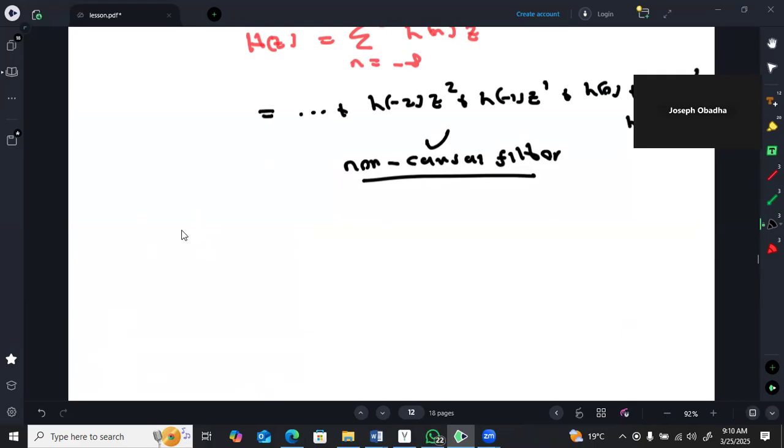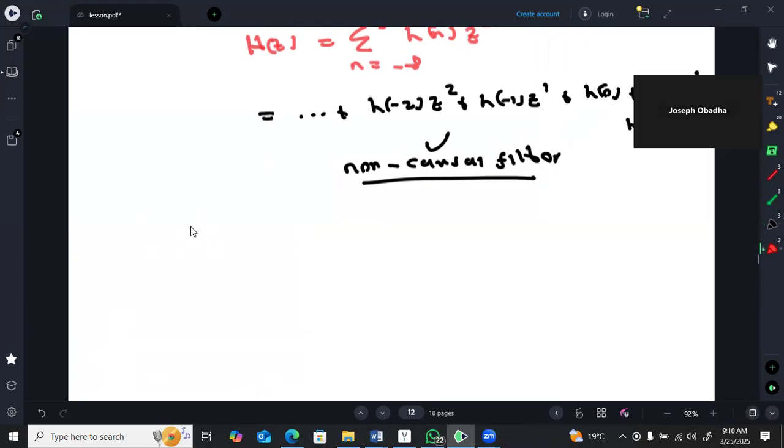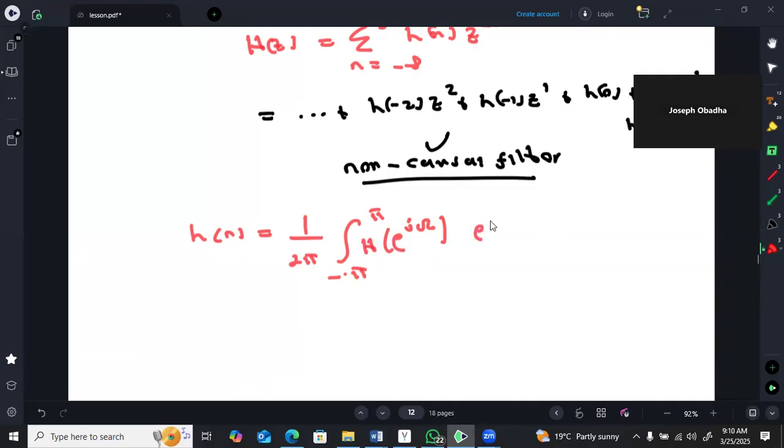We have seen that h(n) equals 1 over 2 pi, the integral from minus pi to pi of H times e^{j omega n} d omega.